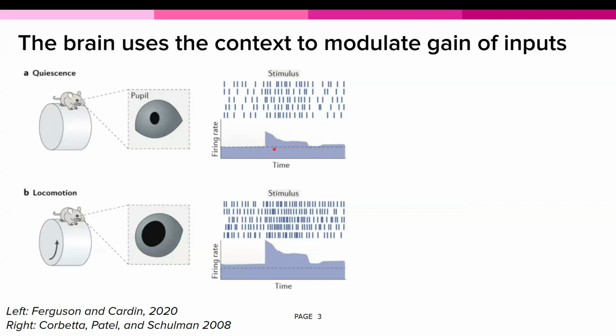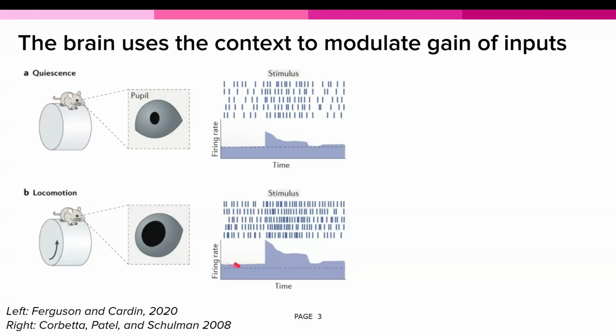But when animals are engaged in some kind of activity, like running on a wheel, for example, the effect that this exact same stimulus has on the firing rate of neurons can change. Specifically, what we can see is that now, when the animal is in a different context, when it's running, the increase in firing rate in response to the stimulus is larger.